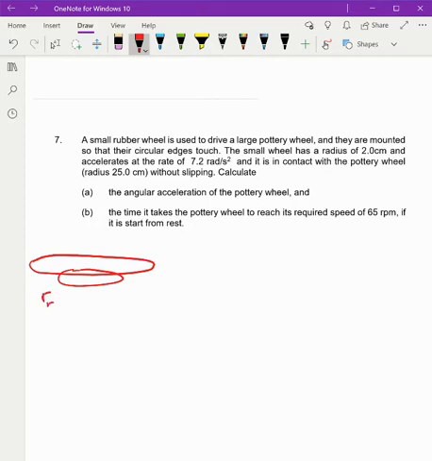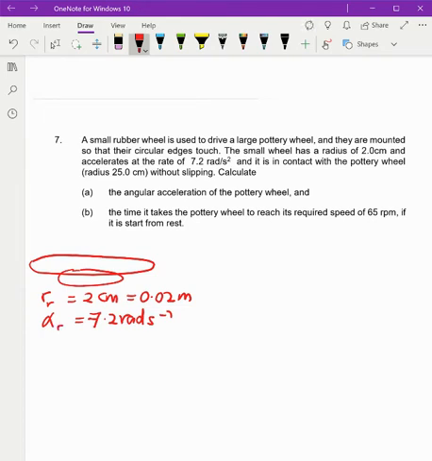The radius for the rubber wheel is equal to 2 centimeter, which is 0.02 meter, and it's given that it accelerates at 7.2 radian per second squared. So alpha equals 7.2 radian per second squared, for the rubber.